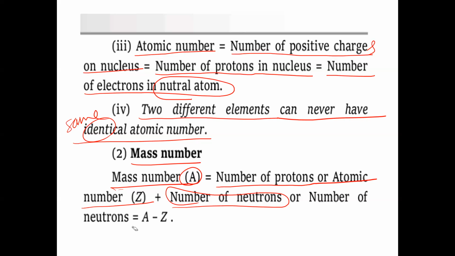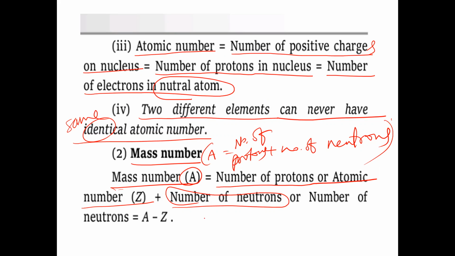Otherwise, the number of neutrons equals A minus Z. So the number of protons plus the number of neutrons equals the mass number, given by A, where Z indicates the number of protons.